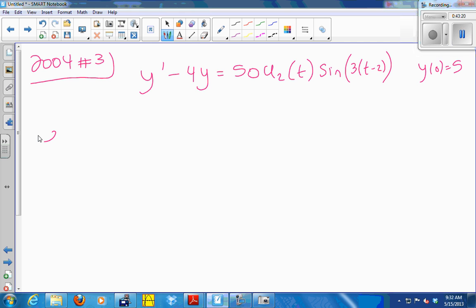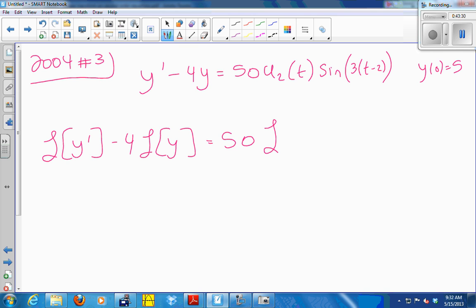So I'm going to take the Laplace of both sides. The Laplace of y prime minus 4 times the Laplace of y equals 50 times the Laplace of u2 times the sine 3t minus 2.